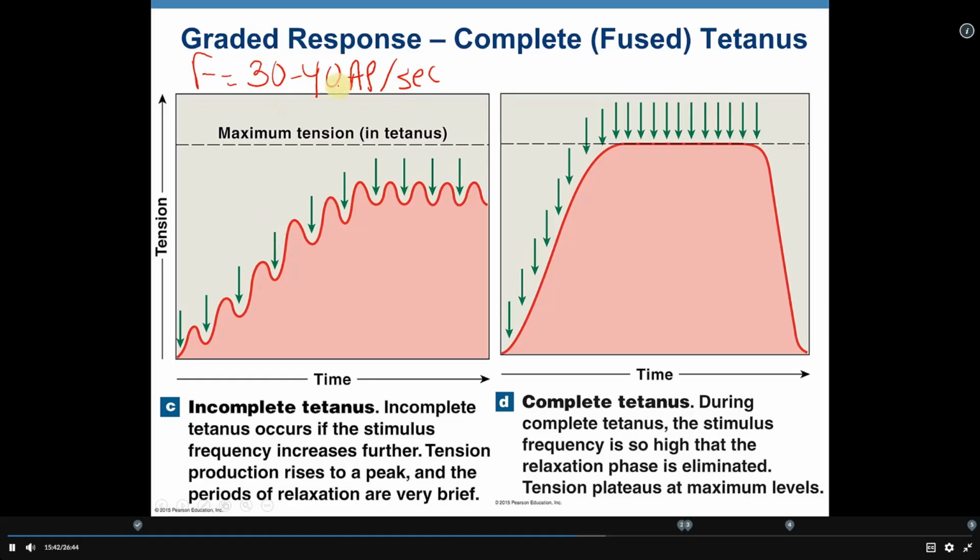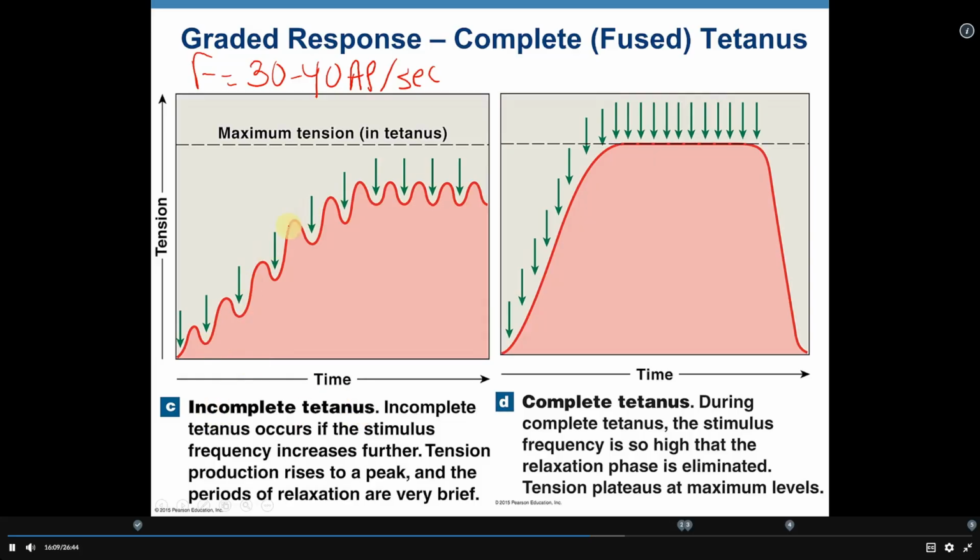And this is what almost all the time our muscles are doing, no matter what activity they're doing. This is the most common type of response, graded response you're seeing. Now, I will say that if we look at the gastrocnemius, which is a big muscle, there are multiple motor units. And so what's happening is some motor units are doing incomplete tetanus.